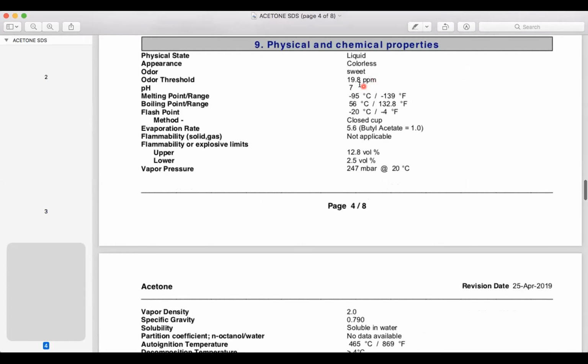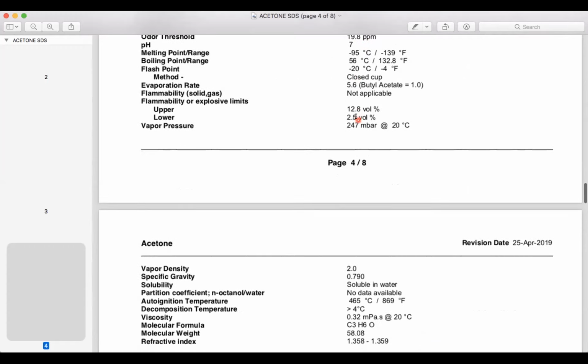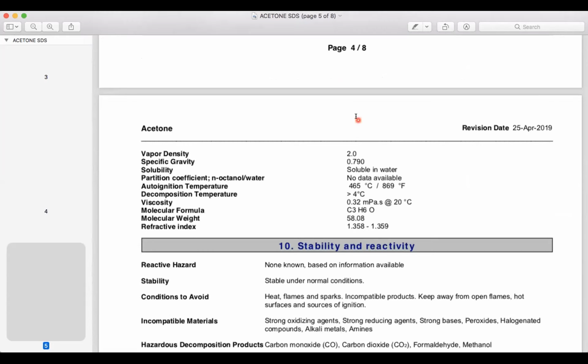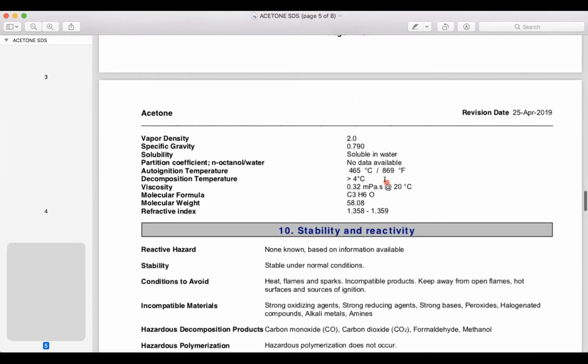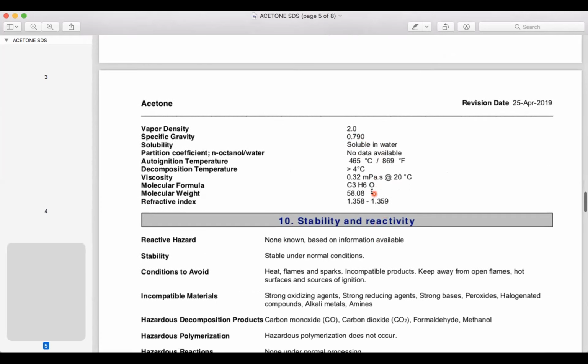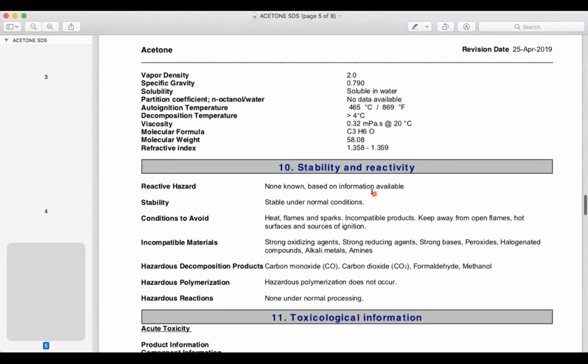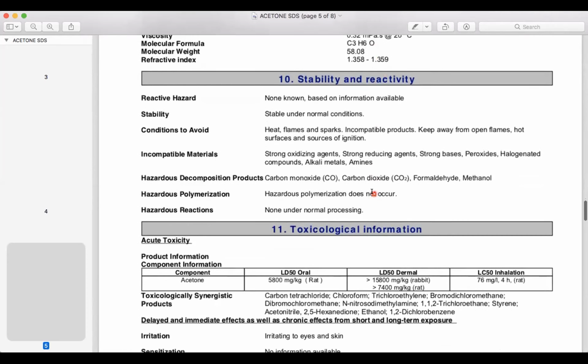Physical properties ranging anywhere from pH to odor, which can be incredibly important if you need help IDing a species. Though the importance of some of the specific information may depend on the chemical you're using. We also have things like, hey, I might need to know its vapor density or specific gravity to help identify the species, as well as things like solubility in water, viscosity, and molecular weight. So we have a lot of useful information.